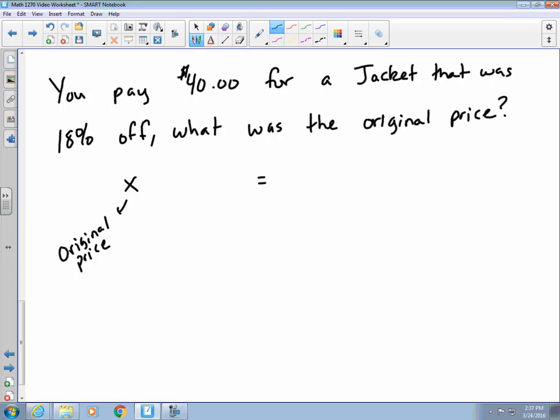But since you know you paid 40 bucks, how do we get to that answer? Thinking backwards, we would take our original price and get 18% off. That's a discount, so that's going to be a subtraction off the original. So what expression represents the discount? Well, 18% of the original price.